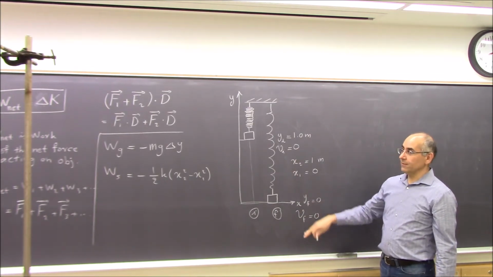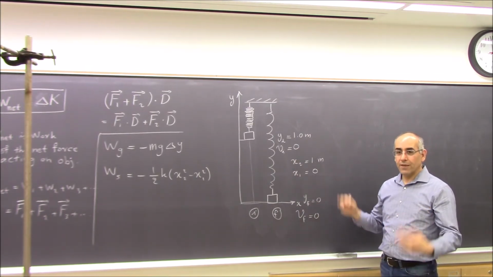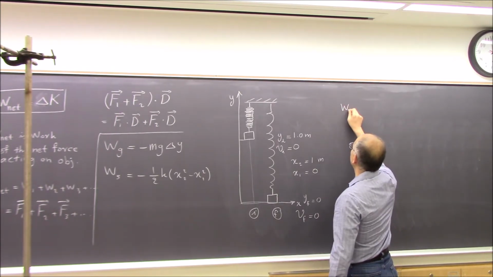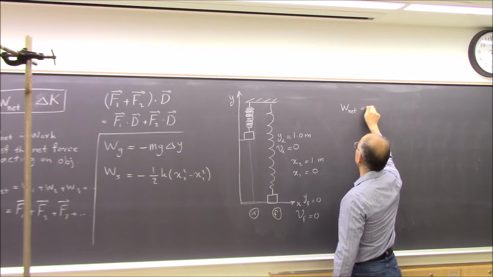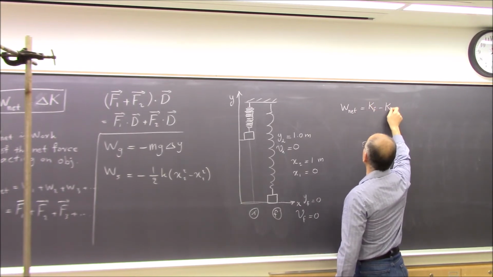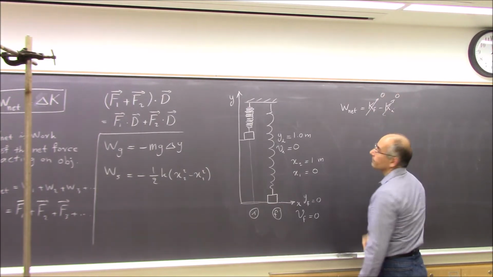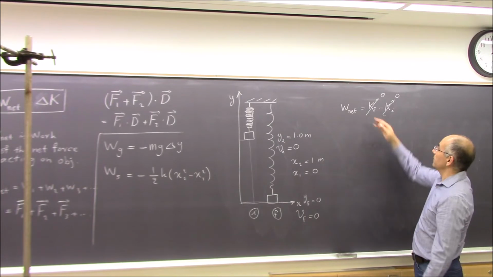So that makes it easy. All the kinetic energy initial and final is 0. So W net is equal to K final minus K initial, but both of these are 0. So this side is 0.